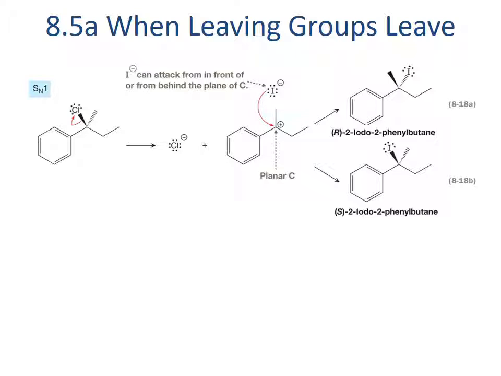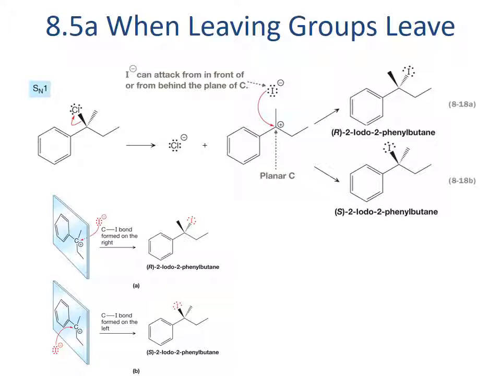So a racemic mixture of enantiomers is always formed, an equal mixture of both the R and S enantiomers. It may be useful to try to envision most of the molecule in a plane, and the nucleophile attacking from one side or the other.